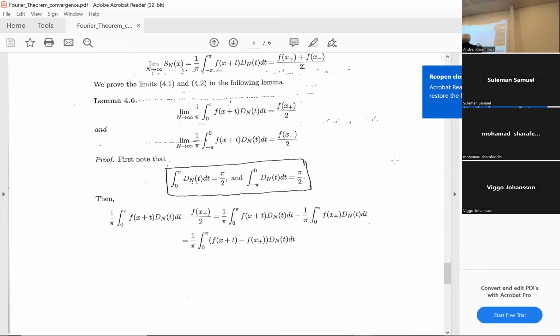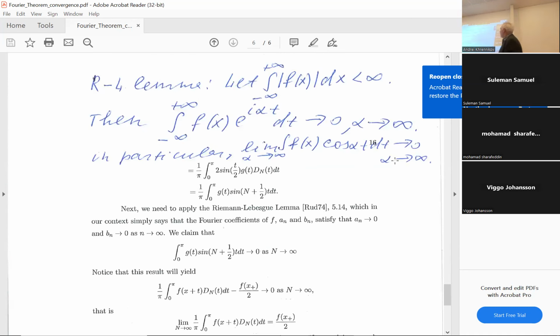Now we go here and we wrote this difference, which we want to prove should go to 0 in this way. Here is the Dirichlet kernel. So this constant is also written as an integral. Now we get this expression.